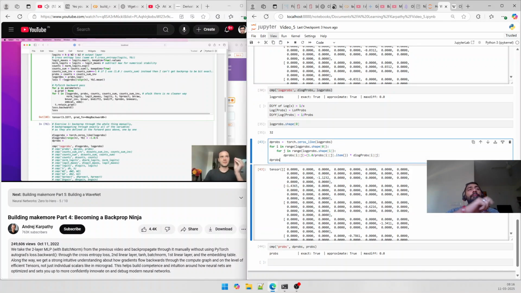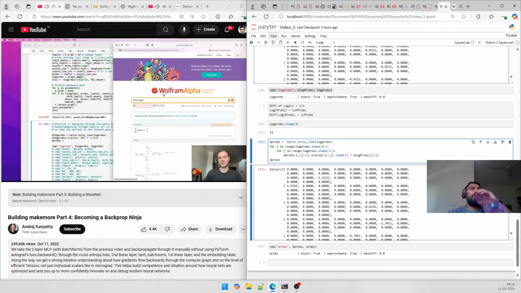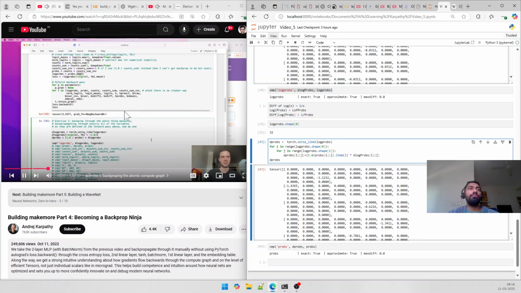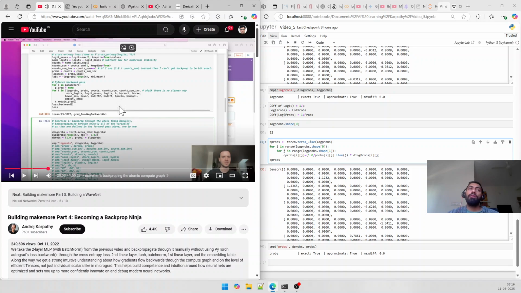So what is the local derivative of this operation? Well, we are taking log element-wise, and we can see from Wolfram Alpha that d by dx of log of x is simply 1 over x. In this case x is probs, so the local derivative is 1 over probs. And then we chain it, times d log probs. It's that simple.